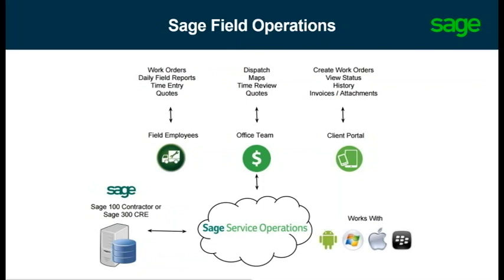Sage Field Operations is compatible with Android and iOS devices, allowing you to access the solution from any device with an internet connection, and of course, from back in the office. I'll be highlighting a few different features throughout today's presentation to showcase advantages for both your field and office employees.